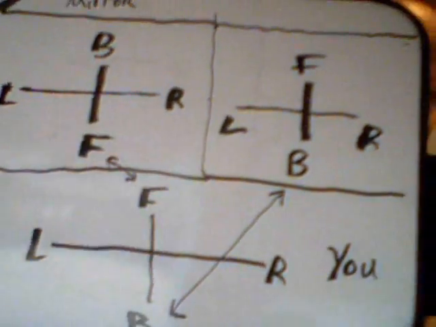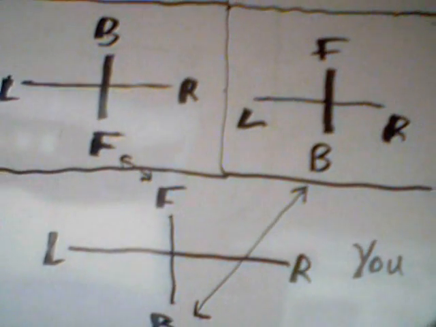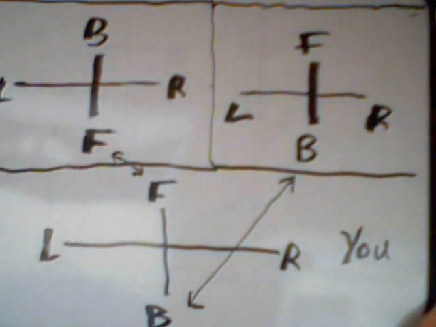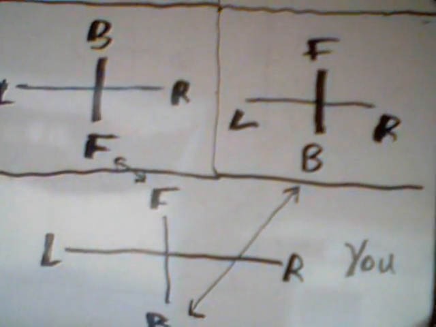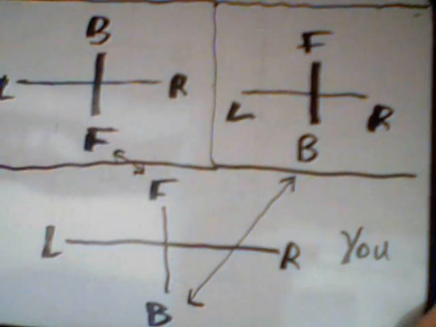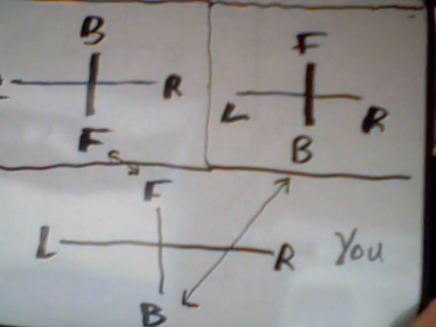Okay, so if it was actually going to be a one-to-one corresponding reflection, it would look like that image on the upper right of the screen, where the backs are in the same relative position, the fronts are in the same relative positions, the rights and the lefts are all in the same relative positions.